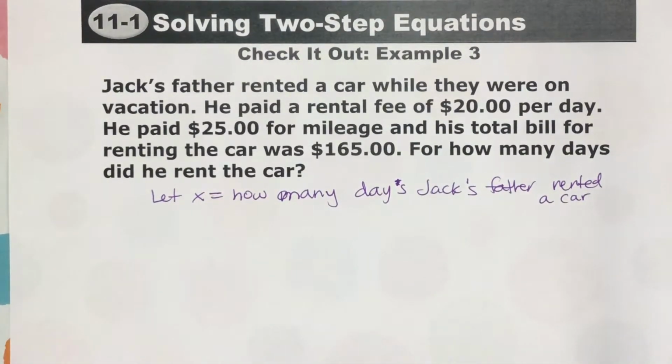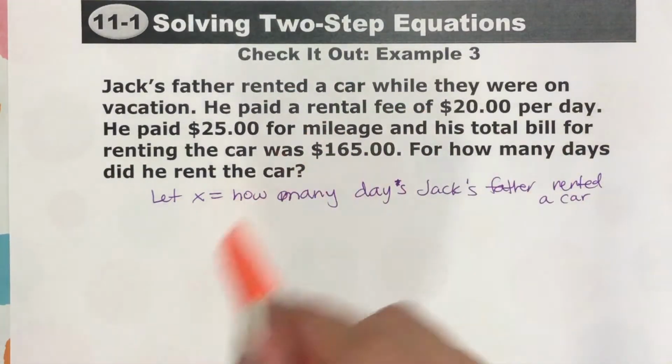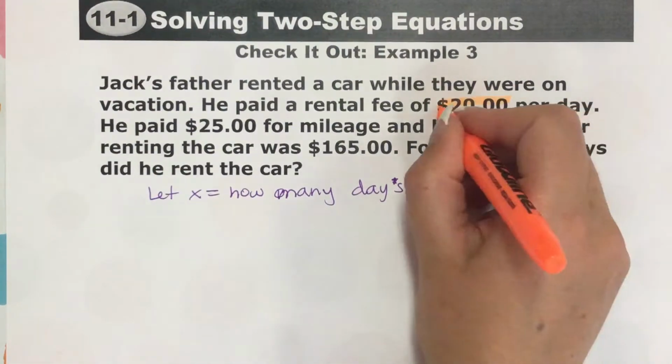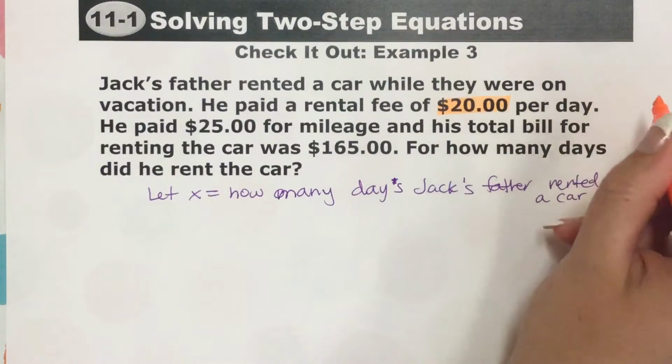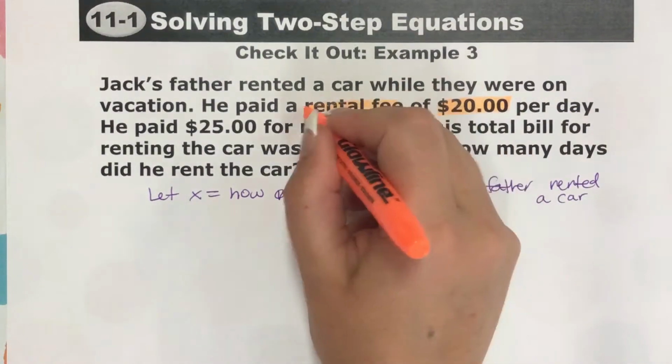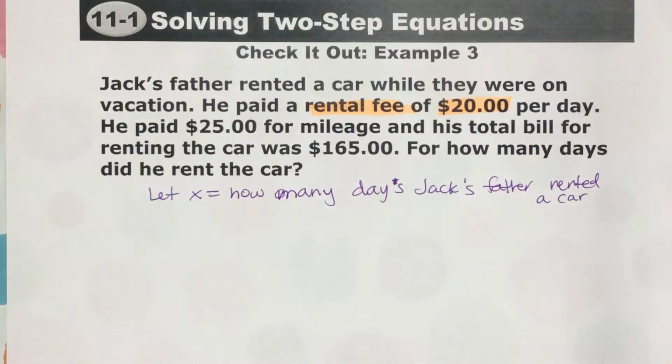Now let's go ahead and pick out the key information. What do we have? Jack's father rented a car while they were on vacation. He paid a rental fee of $20 per day. Whenever you see this per day bit, it kind of means multiplication, right? So per is the multiplication.